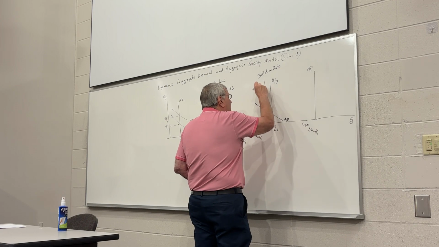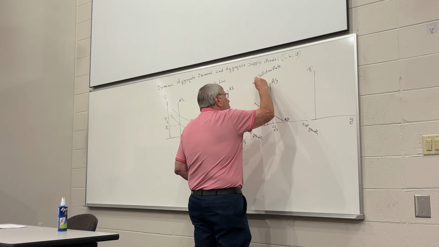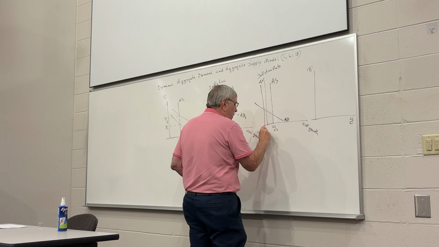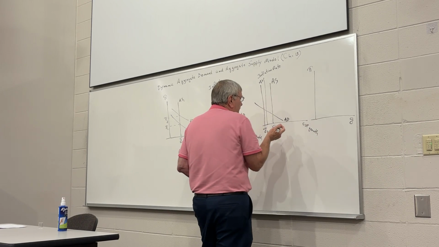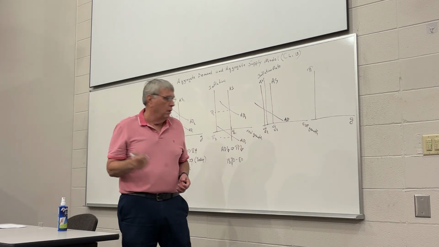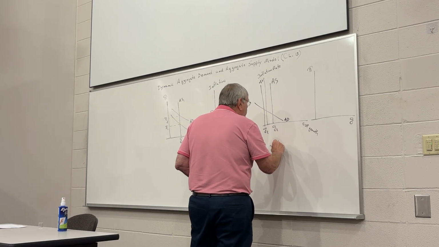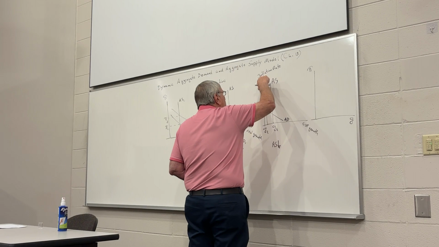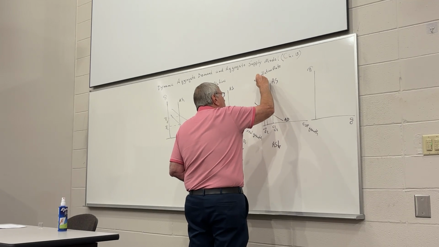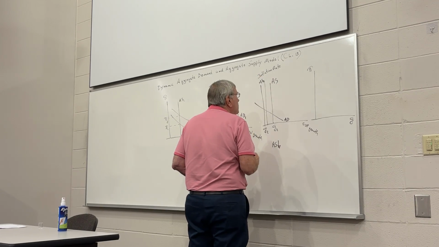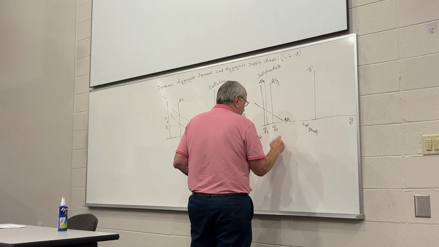Now, what if aggregate supply decreases? I made it decrease so that growth became negative. But even if it just decreases, growth will still go down. So aggregate supply down. I guess I should call this 2 to be consistent with the other ones.